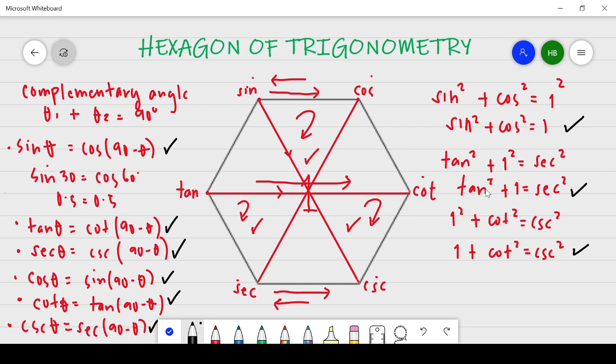So ayun, guys, naka-create na tayo uli at natandaan natin ang trigonometric identities using this hexagon of trigonometry.